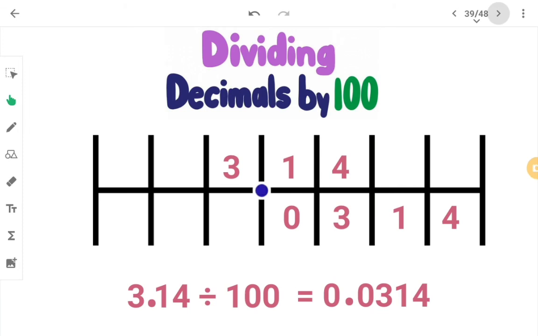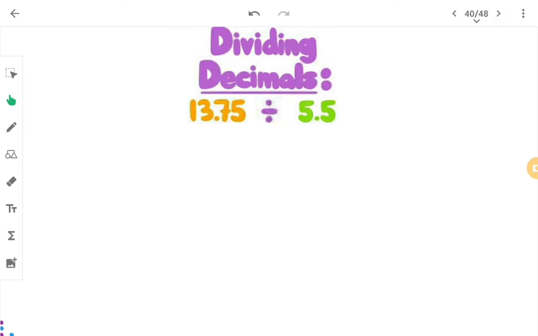Okay, fine. Now dividing a decimal by a decimal number. This is a very easy one. The first thing we have to do is move the decimal towards the ones place. That is, we have to remove the decimal for the divisor. So how will you remove it? We are moving the decimal towards the right side.